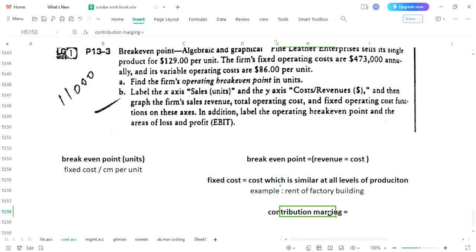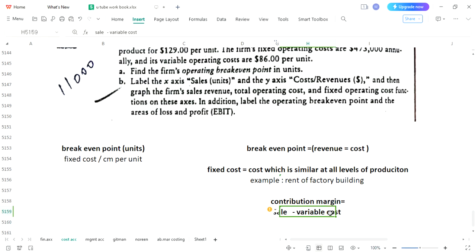So contribution margin means you are involved with two things. If you subtract your variable cost from sales, you will get contribution margin. So what you will do, you will take sales and subtract your variable cost, with which you will get your contribution margin.